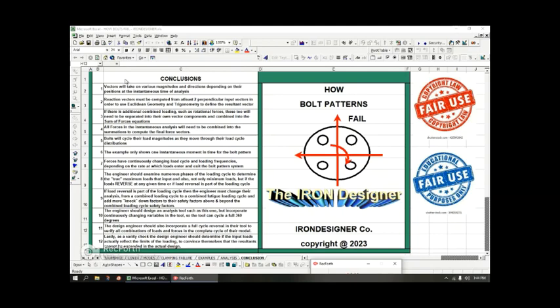So I just talked about that. The example only shows one instantaneous moment in time for the bolt pattern. What if that moment is variable? What if it's being applied and then reduced? And what if the moment is then being reversed?